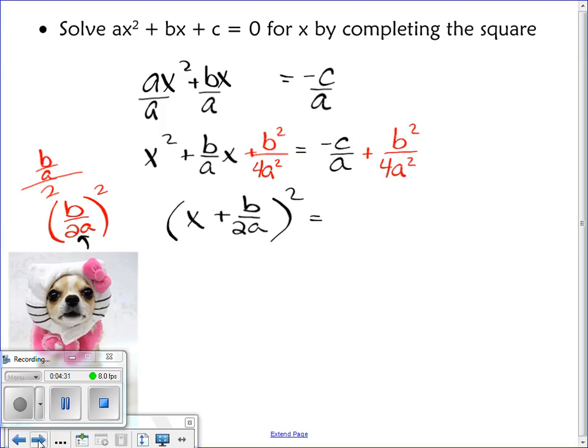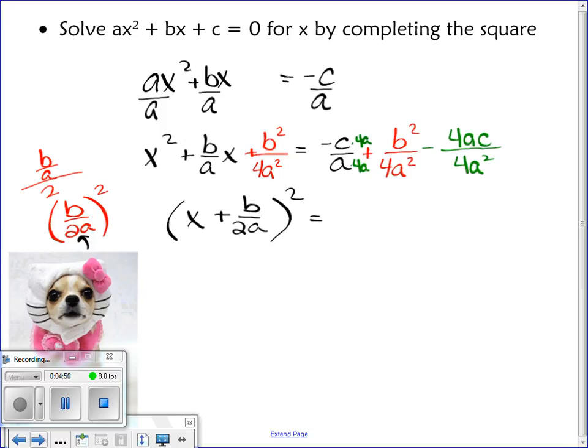I can't multiply by a squared, but a times a is a squared. So I'm going to have to multiply this one by 4a to make it have the same denominator as this one. I'm just going to write it over here for ease in writing this. All right, so this will give me the 4a squared on the bottom. And 4a times negative c is negative 4ac.